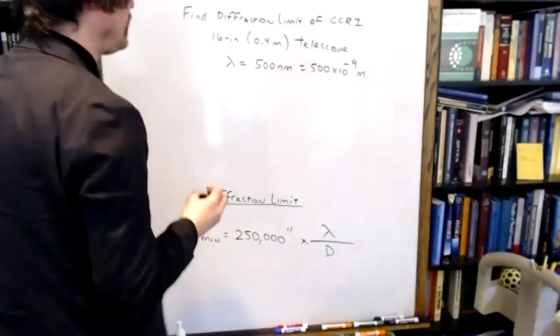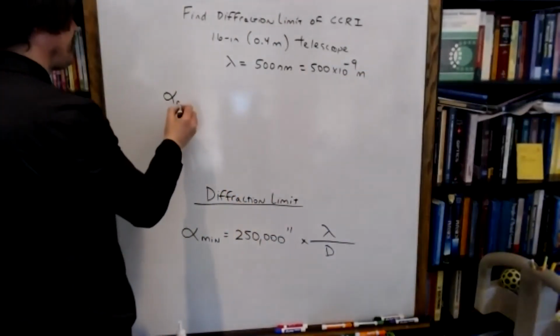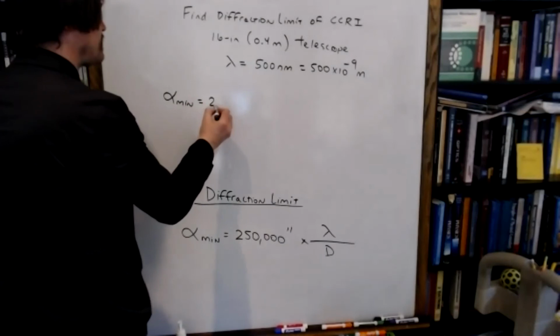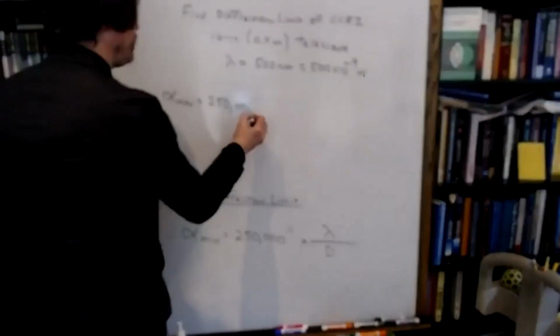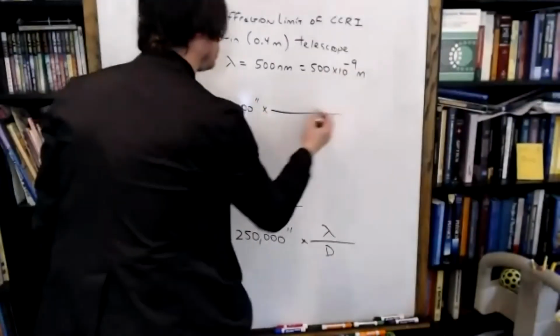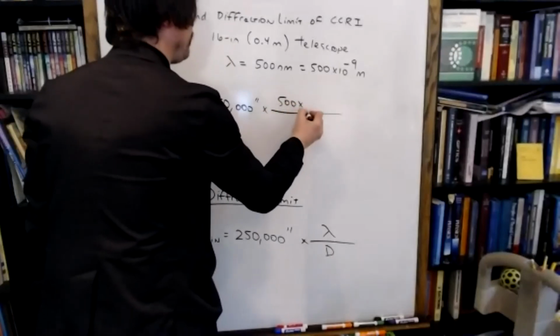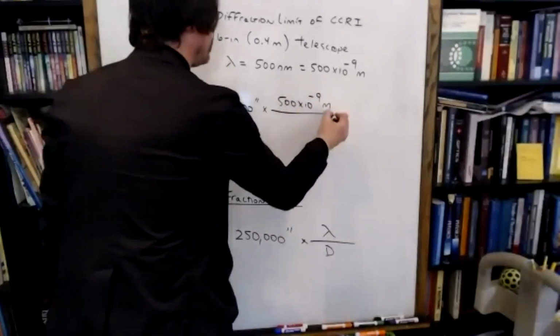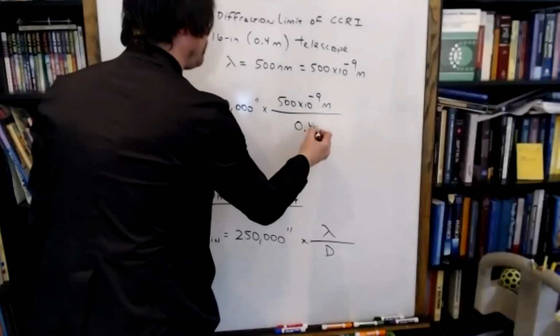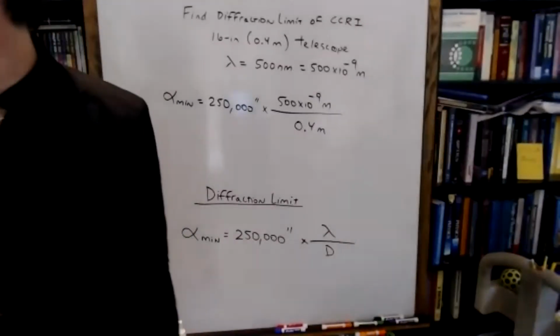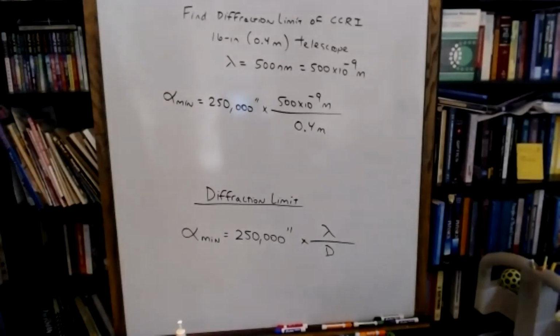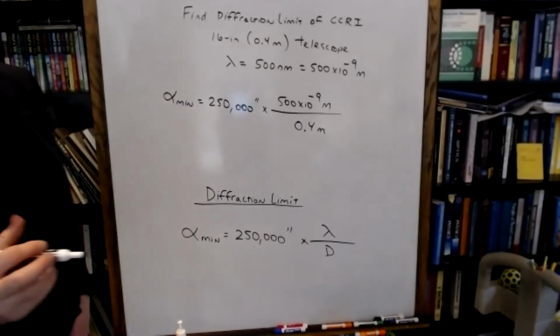All right, let's calculate our diffraction limit. Our minimum angle of resolution is 250,000 arc seconds times 500 nanometers divided by the diameter of my telescope, 0.4 meters. Punch and crunch, students. How tiny an angle?